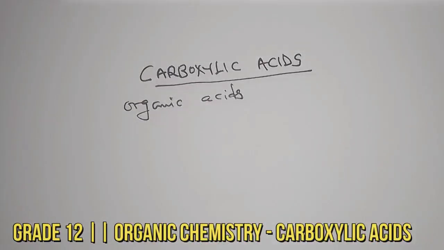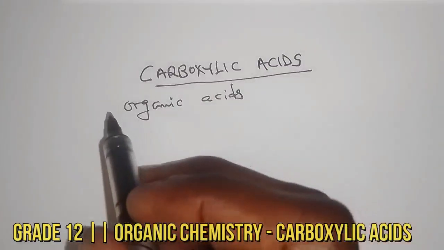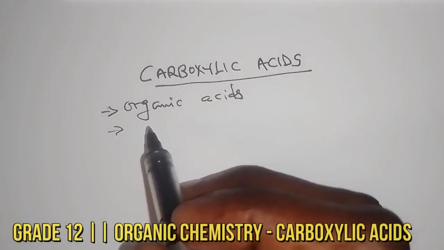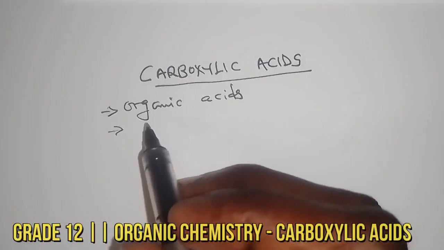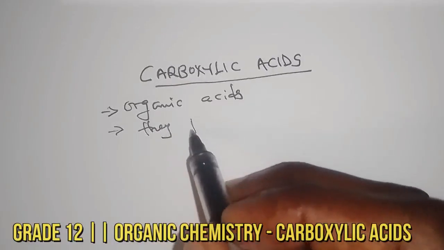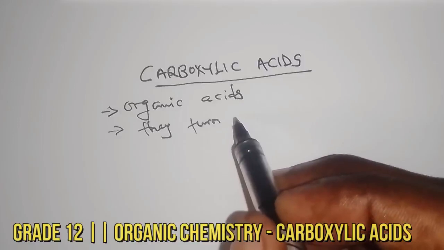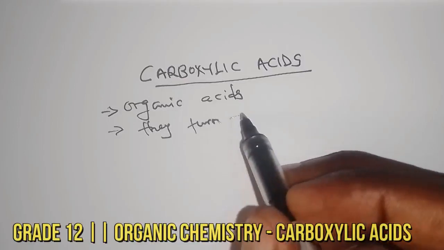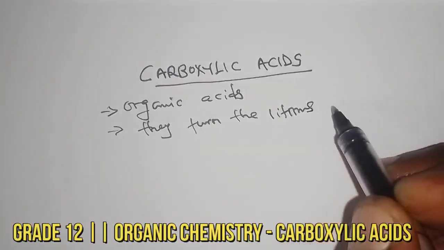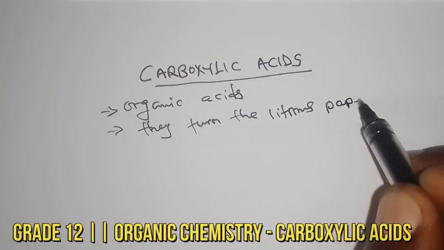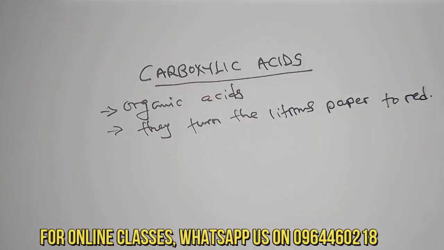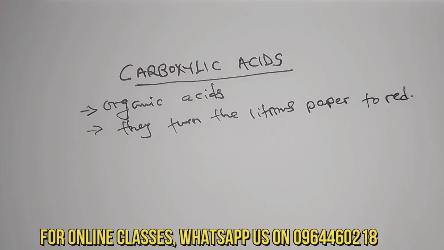Remember, one of the characteristics of organic acids is that when you put them onto litmus paper, they turn the litmus paper red.